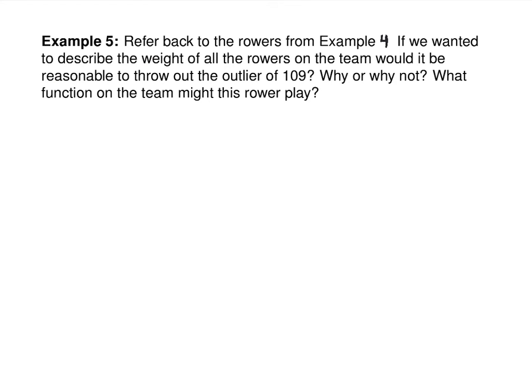So, refer back to the rowers from example 4. If you want to describe the weight of all the rowers on the team, would it be reasonable to throw out the outlier of 109? Why or why not? And what function on the team might this rower play? So as we already discussed, yeah, it probably is reasonable to throw this guy out. So I would say yes.